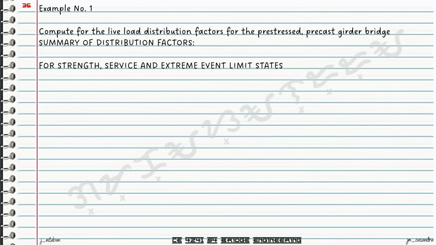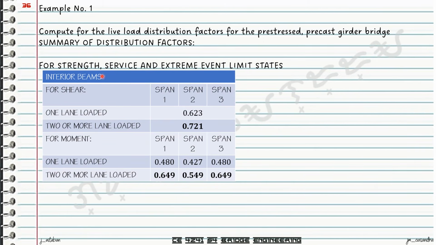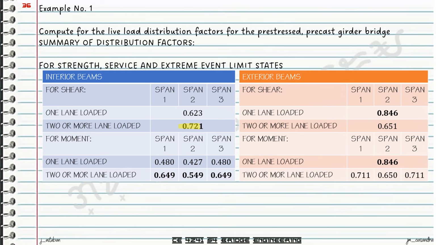So with this, we could now summarize all our computed distribution factors, which are the distribution factors for strength, service, and extreme event limit states. For your interior beams, we have your shear value per span for 1 lane and 2 or more lanes loaded. The controlling value for the shear for all spans is 0.721.